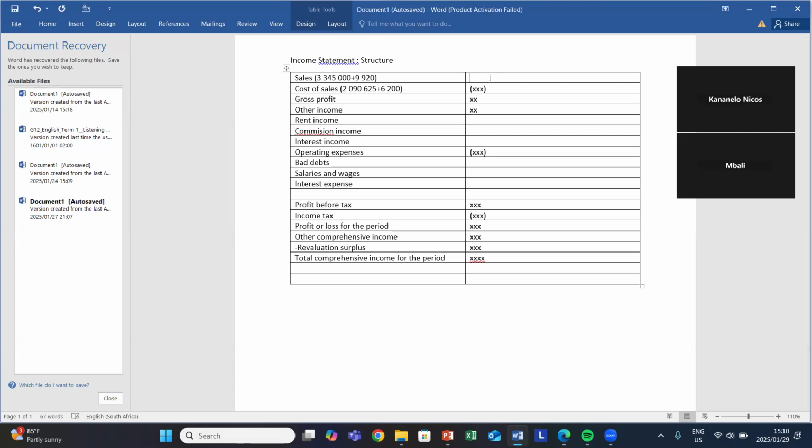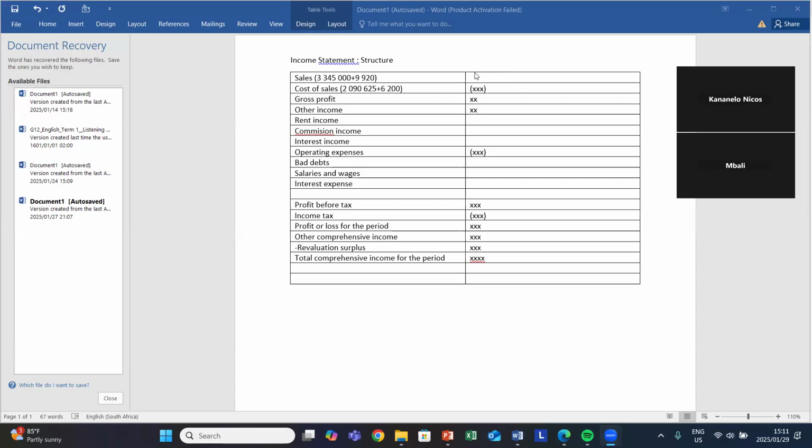So let's add our sales there: 3,345. So how much do we get when we add our sales there? 3,354,920.